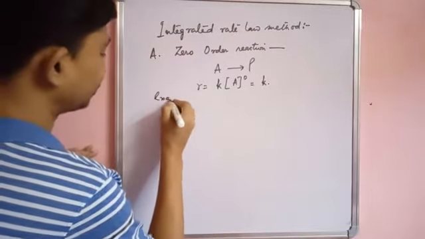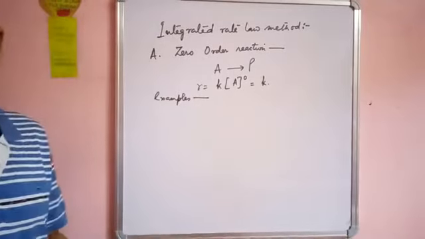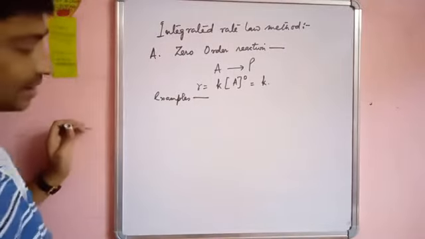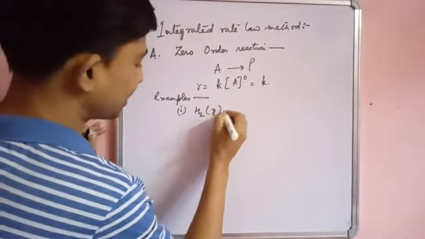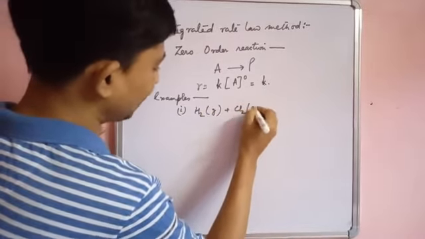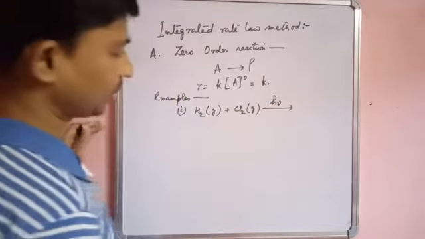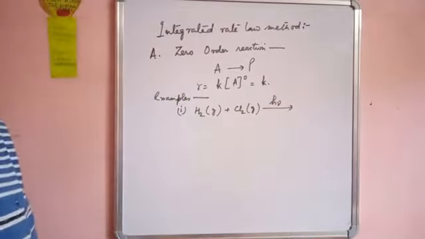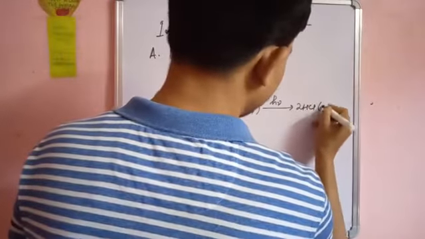Examples. Example number 1: H2 in gaseous state reacts with Cl2 in gaseous state under sunlight, h nu, to give 2 HCl in gaseous state.